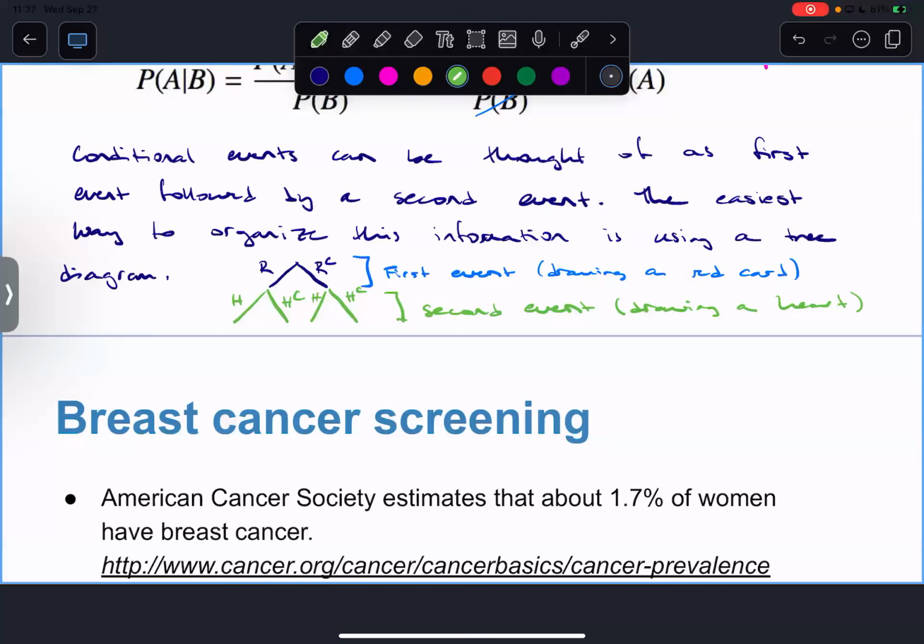The sound of the air is distracting me in the hallway. I'm confused by why in the second event, after you've drawn a not red card, the option exists to draw a heart. Wouldn't both of those potential outcomes be not a heart? Yes. So what I've avoided is adding the probabilities underneath, which is what we will be doing. If I didn't draw a red card, what's the probability of drawing a heart? 0. There's none there.